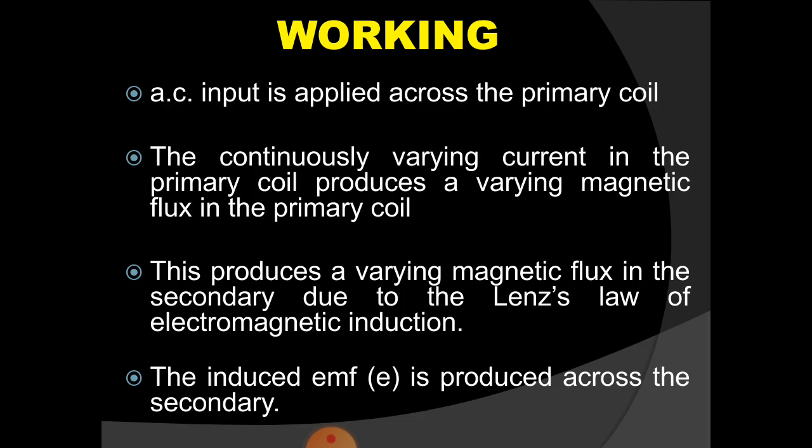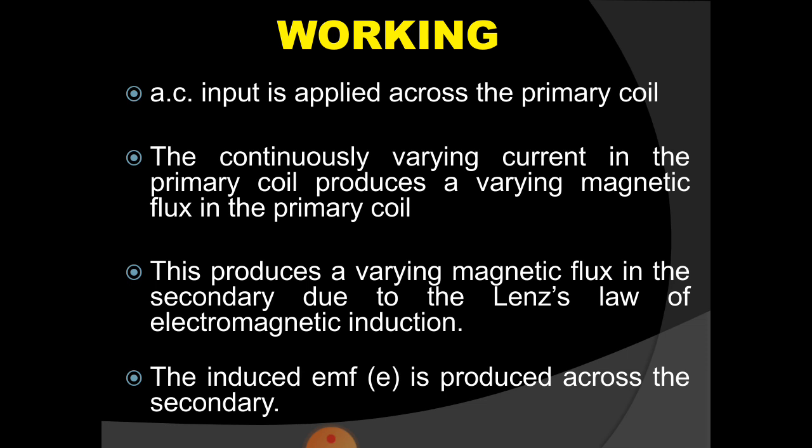Working. An AC input is applied across the primary coil. When it is applied to the primary coil, the magnetic flux linked with each turn goes on changing at the rate of frequency of the AC supply. The coil is wound over the core, so the changing flux is associated with the core also.